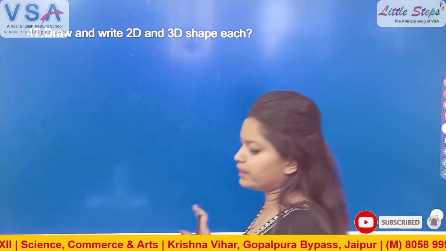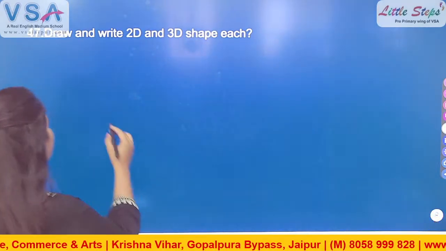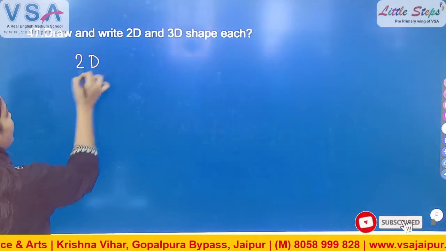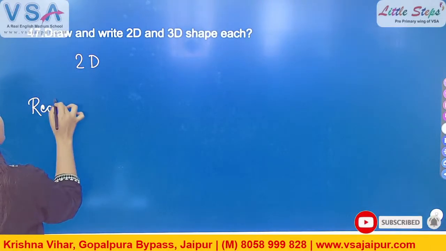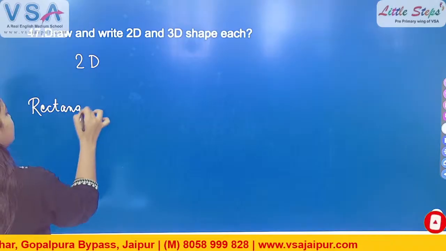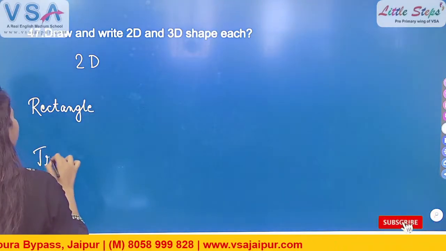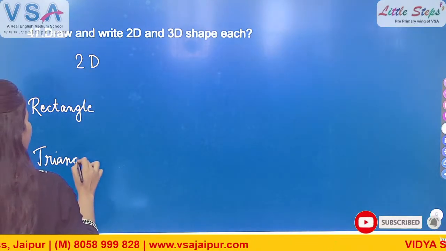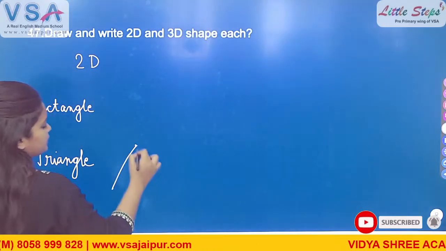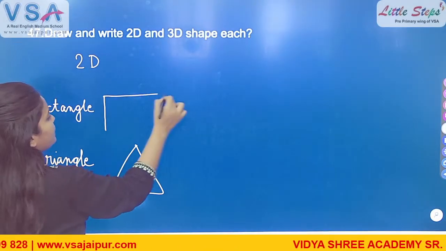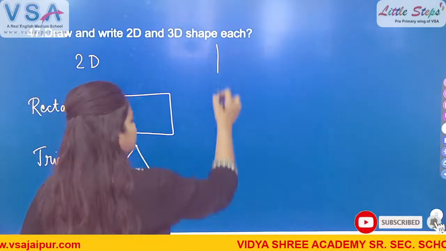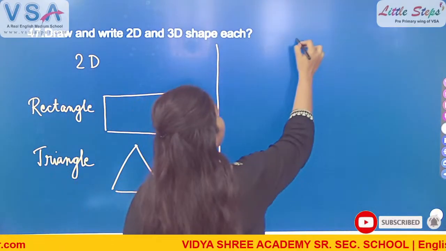That's the only difference. So you all know 2D. 2D मैं draw कर देती हूँ आपके लिए. You all know rectangle. You all know triangle. Or we have so many 2D shapes are also there. We have to draw them. This is triangle and this is rectangle. These are 2D shapes, and then we have 3D shapes.